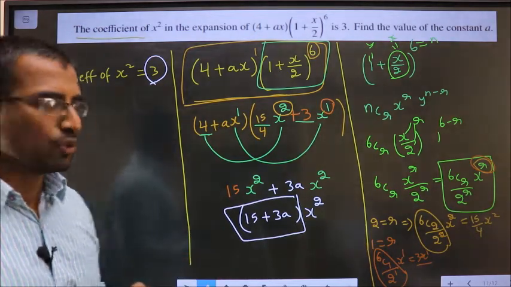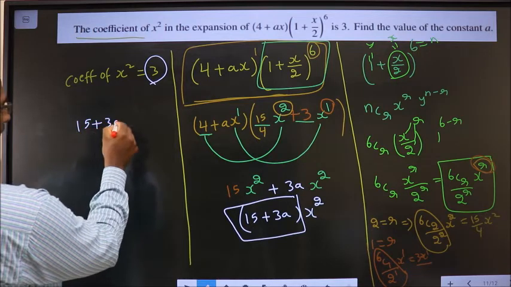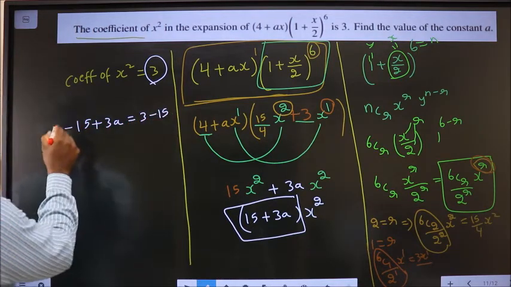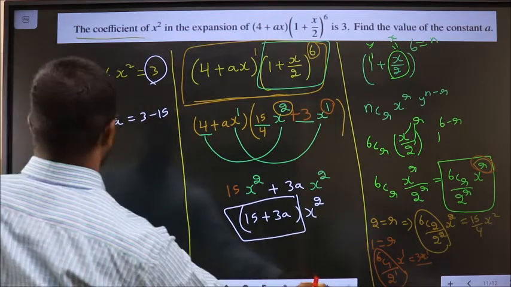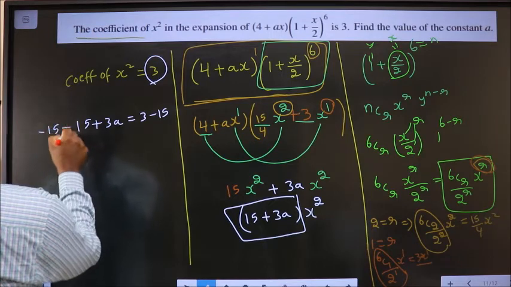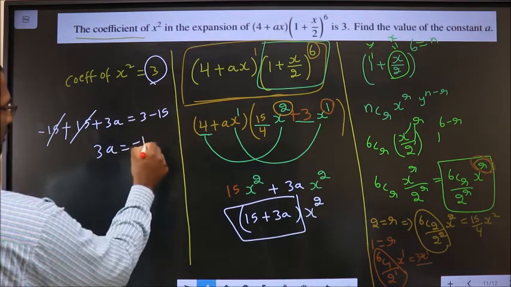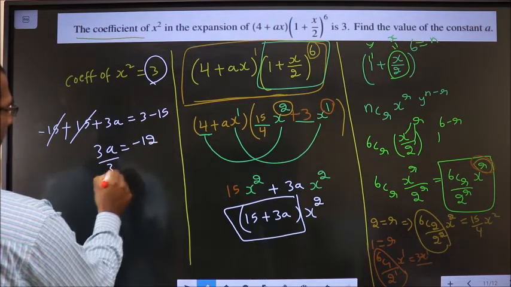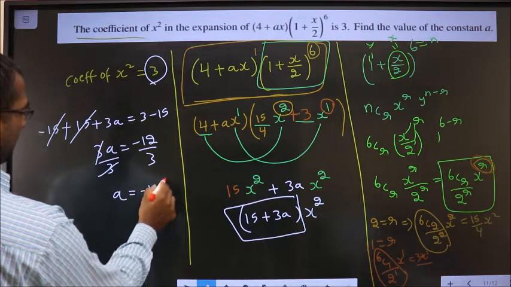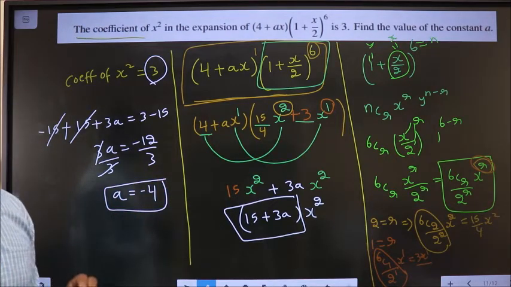So equate both. So 15 plus 3a equal to 3. Now subtract 15. Subtract 15, then 15 gets cancelled, 3a equal to minus 12. Now divide by 3. So a equal to minus 4. We found the value of a.